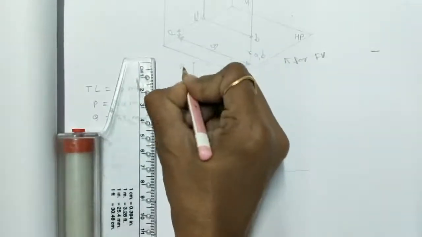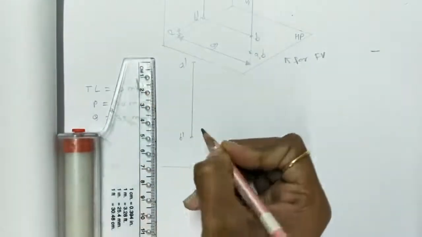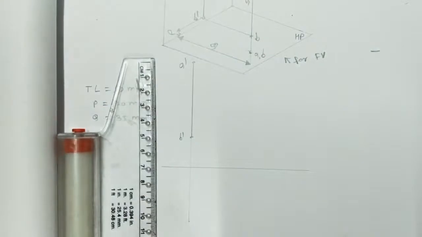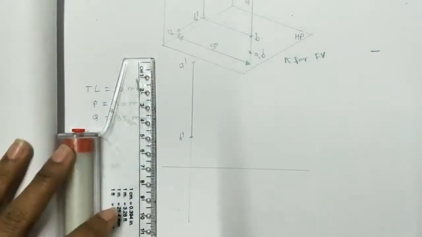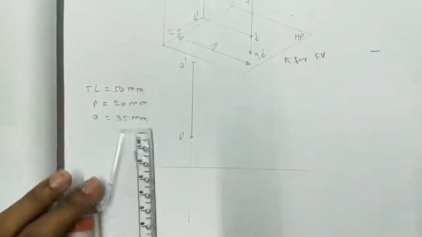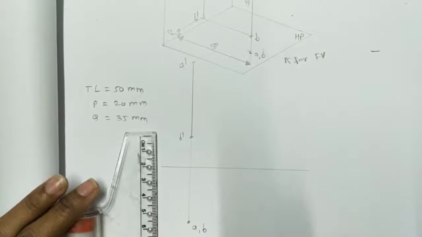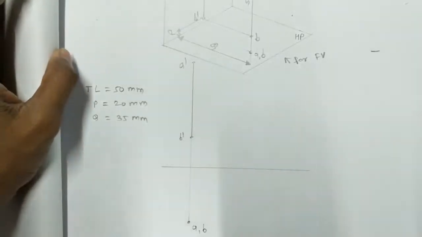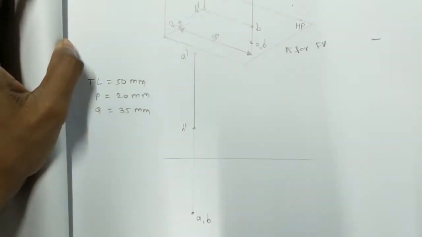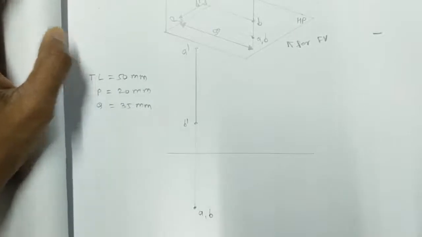So this shows A dash and B dash, which is the true length, and in top view there is only a dot which shows point A and B both.